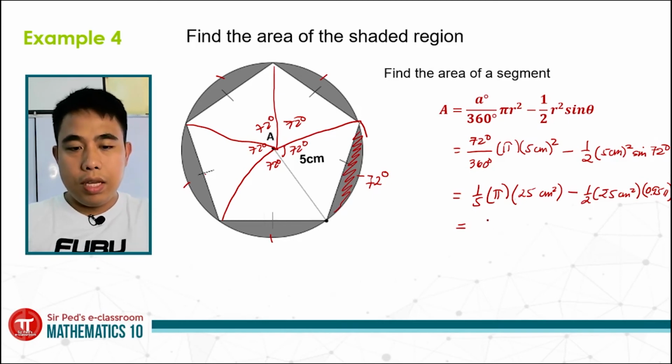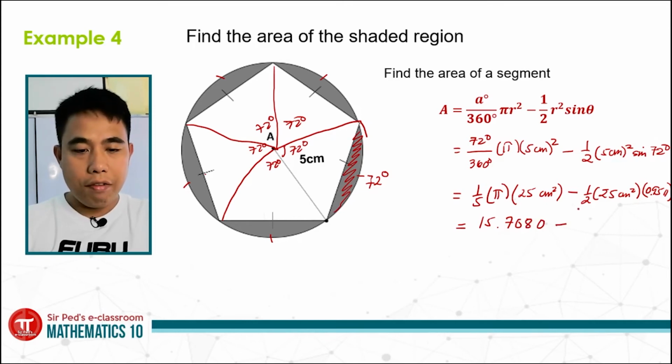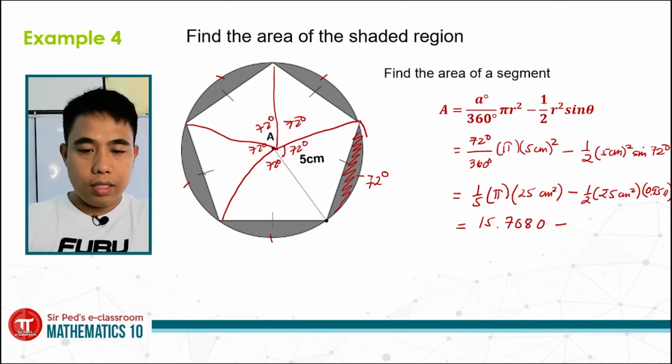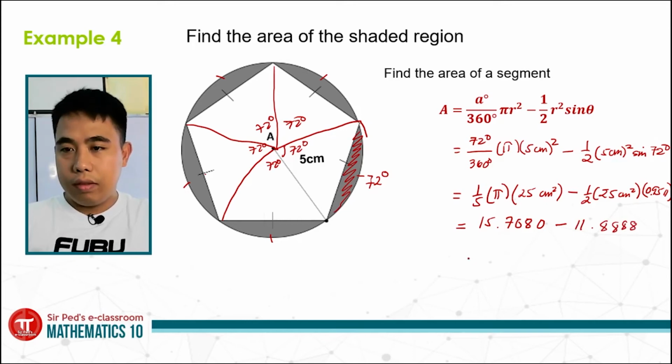So, that will be 15.7080 minus, that is 1/2 times 25 times 0.9511. So, that is 11.8888.